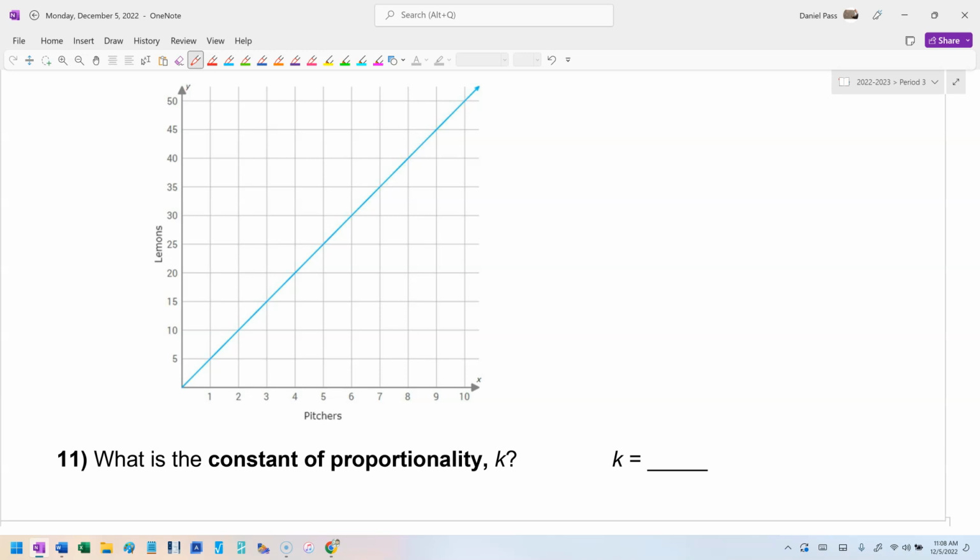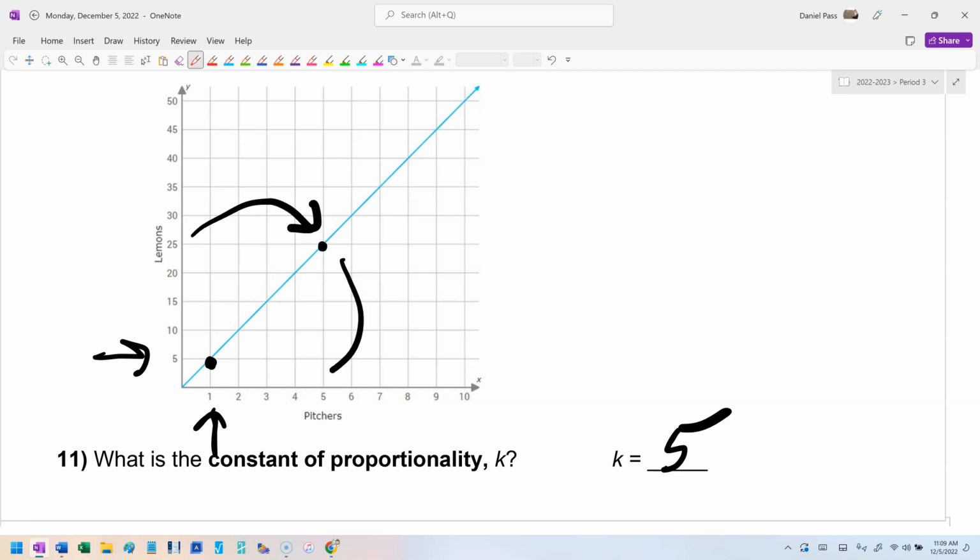Okay. What is the constant of proportionality? It's 5. Okay, say it into the microphone. It's 5, thank you. Now, how did you find out that the constant of proportionality is 5? Because you could see on the graph it's 5 lemons every pitcher. Right, so you see this point where there's a 5 divided by 1. Now, we could have done any of these. We could have done 25 divided by 5.